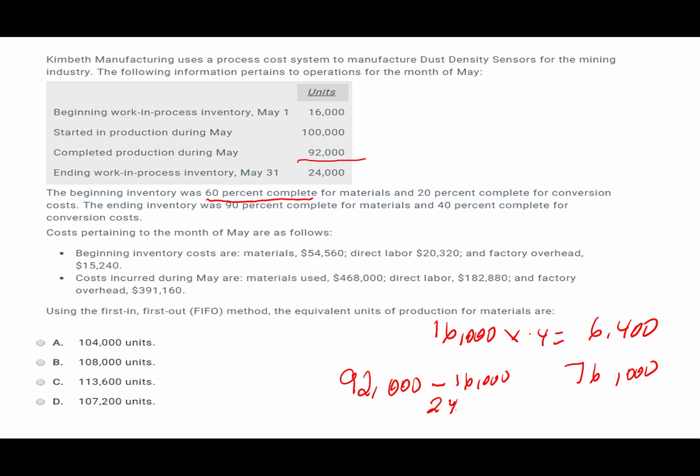It's going to be the 24,000. And what was the percent here? They tell us that ending inventory was 90% complete. Are we looking at materials here? Right? So we take the 24,000 times 0.9. That gives me 21,600. Which gives me 104,000.